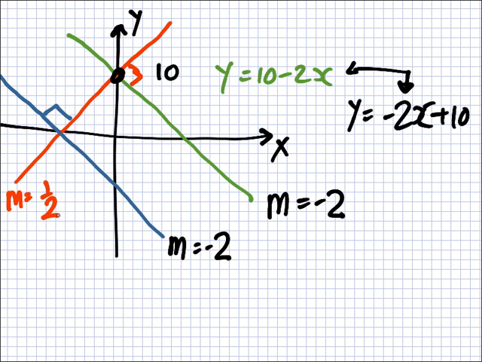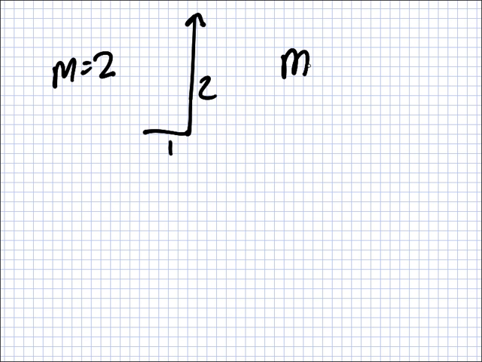Now, just be really clear what that means. I'll remind you of the meaning of slope. If I say the slope is 2, that means when you go out 1, you go up 2. Rise over run, exactly. If I said the slope is 0.5, meaning a half, it means when I go out 1, I go up a half.